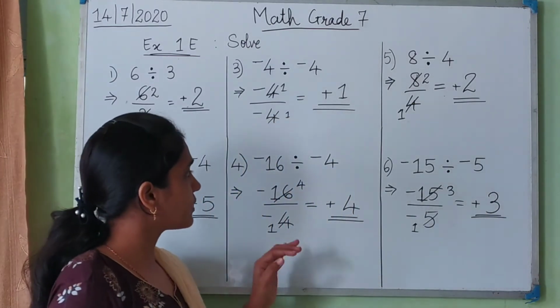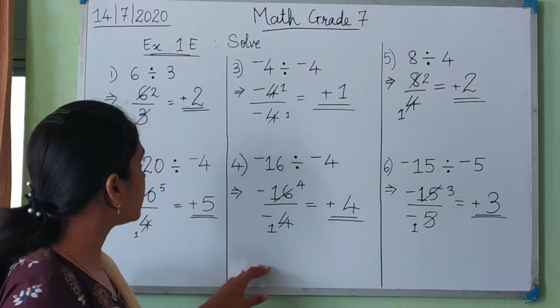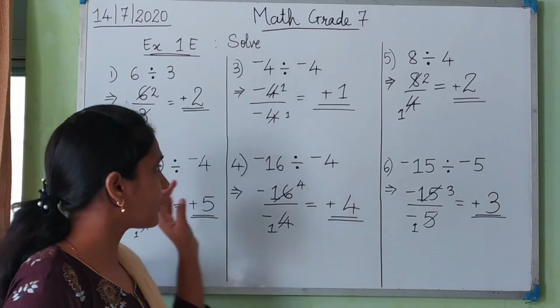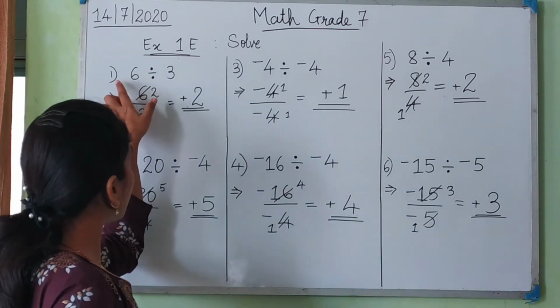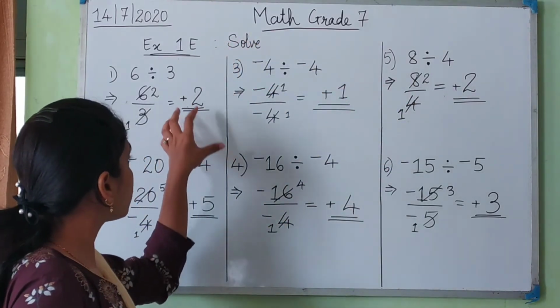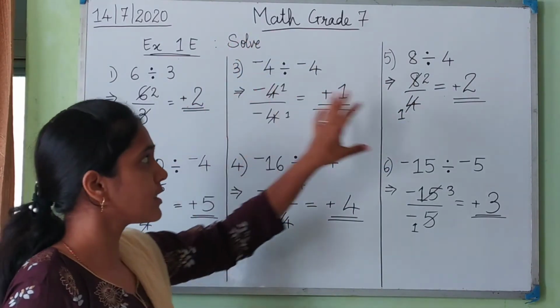Okay, so in these 6 examples which we have solved, you can see that if both the numbers which are getting divided have the same sign, like in the first one both are positive and in the fifth one both are positive, then the final answer is positive.